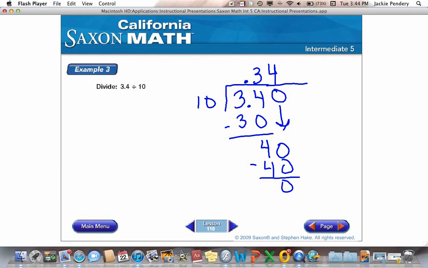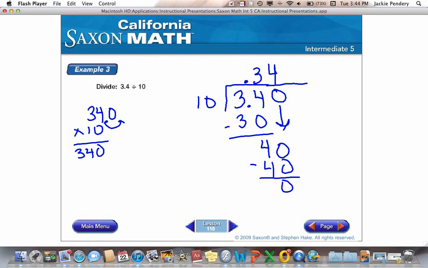Okay, now there's also another way to look at 3.4 divided by 10. I know that when I take 34 and I multiply by 10, I get 340. It's like taking the decimal and moving it one place to the right and adding in a 0.